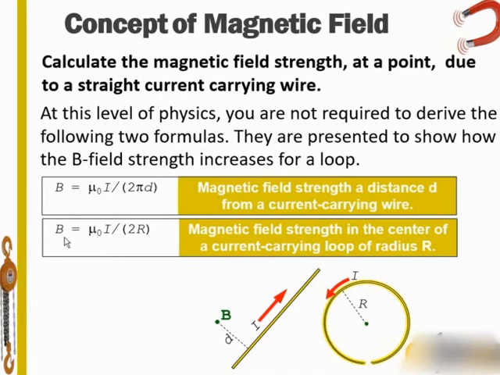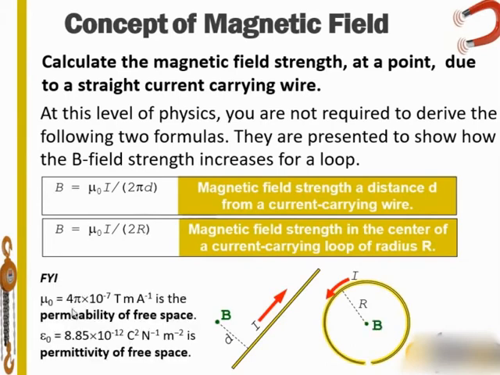B, which is the magnetic field strength, is equal to mu, that's mu zero, but mu zero just means mu, and it's a constant, and I'll explain what the constant is in a moment, multiplied by the current, divided by 2R, where R, in this case big R, is the radius of the loop. So mu is a constant.